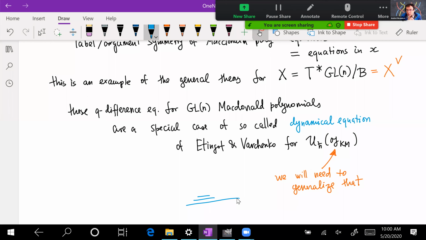Not only is it complicated, it would be rather pointless, because you'll spend a lot of paper writing it down, and it's not clear how you're going to use it. So in representation theory, we would like to operate as algebraic geometers operate, namely we don't write equations, we just talk about equations.